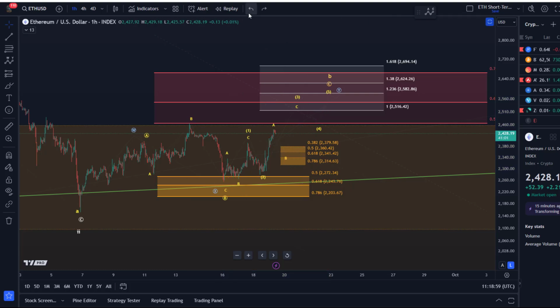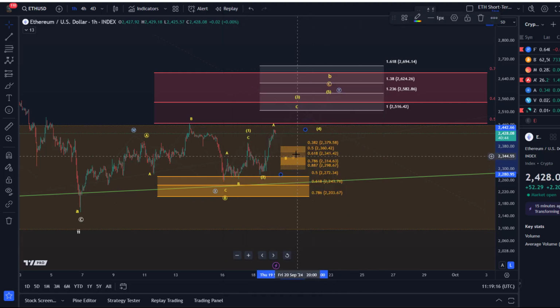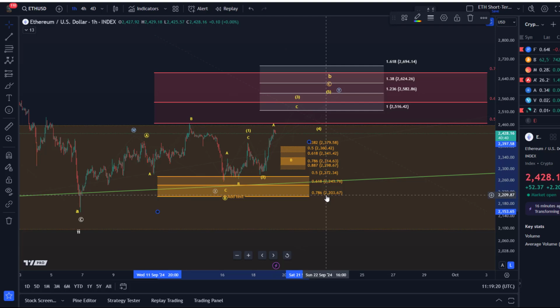Let's double check what the fib for that would be. Not much lower, 2,293. So I might want to capture that scenario as well in my fib levels here. I'm going to add the 88.7 fib level for that purpose.